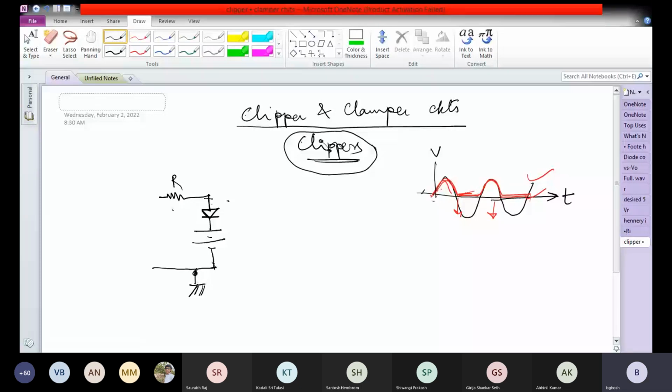So this is R, D1, and V0, and here is my Vi.